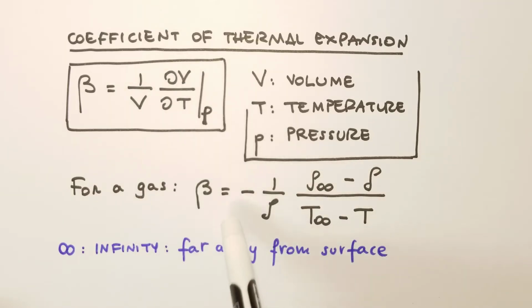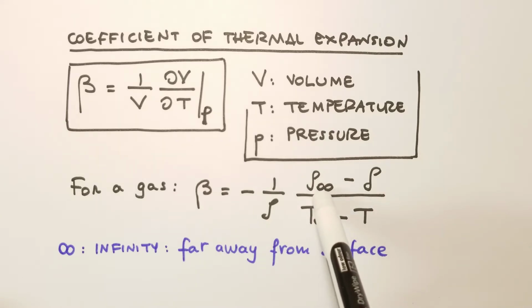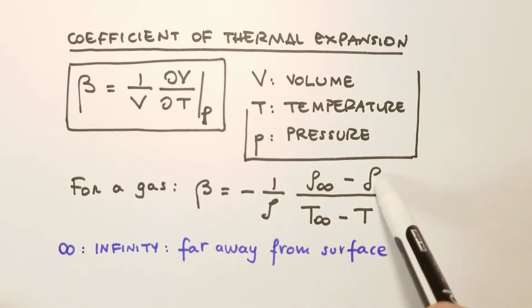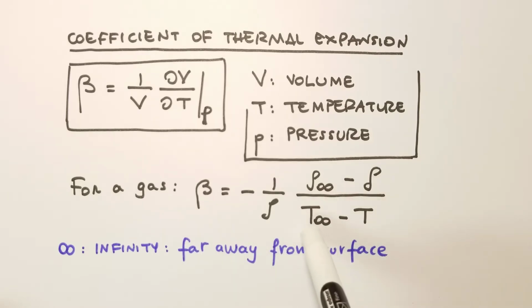So you have 1 divided by the density with the minus sign, multiplied by the ratio of the difference between the density at large distance from the surface minus the density, divided by the difference between the temperature at the far location from the surface minus the temperature.